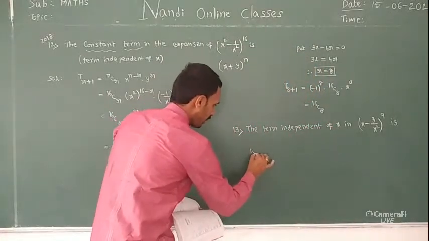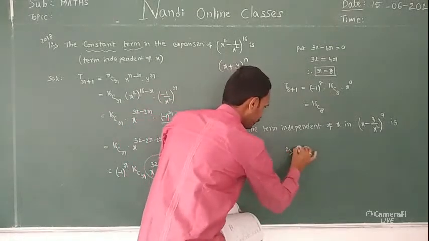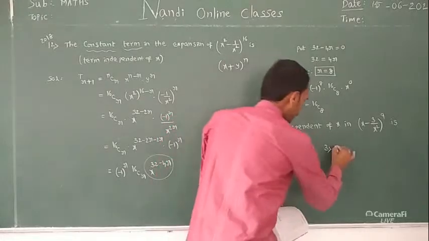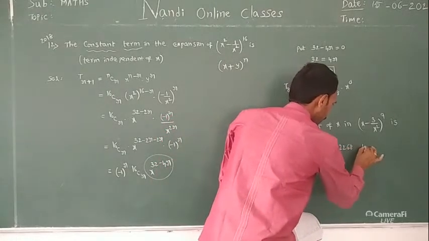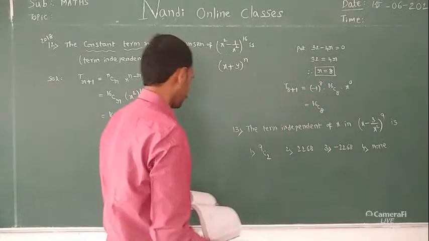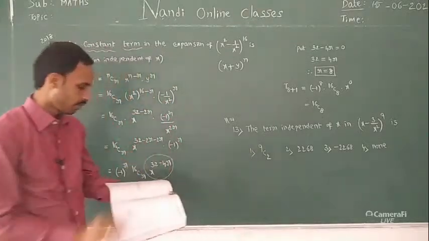The options are: number 1, 9C2; 2, 2268; 3, minus 2268; 4, none of these. Do this problem as homework.